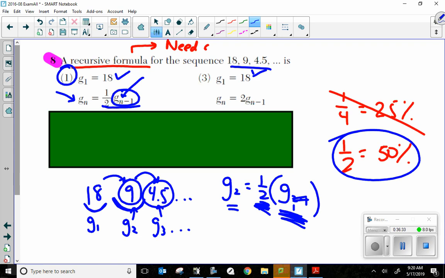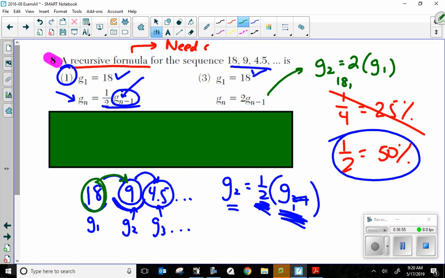Let's take a look at number 3. How come number 3 is not the right answer? This is telling me if I want to find G2, I take 2 and multiply it by the previous one, G1. Okay, so if I had 18 here and I multiplied it by 2, I would not get 9. I would get 36. I'm doubling it, right?